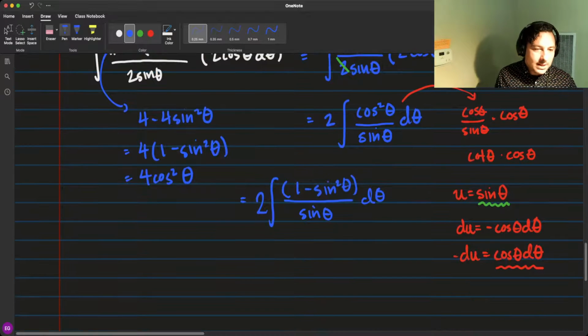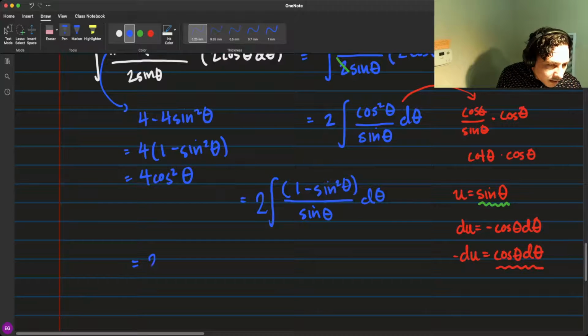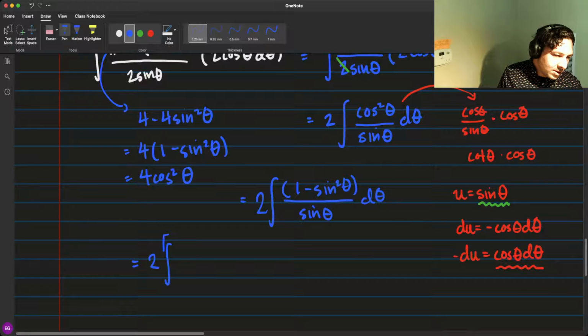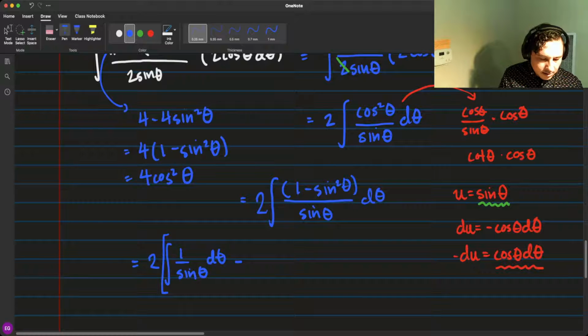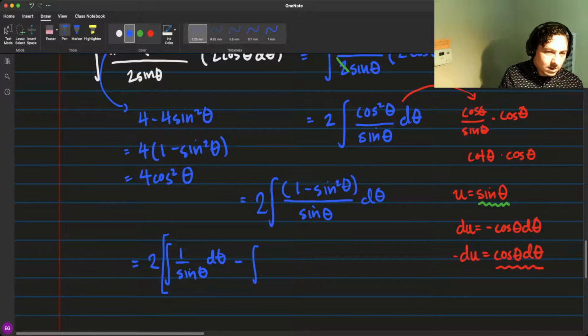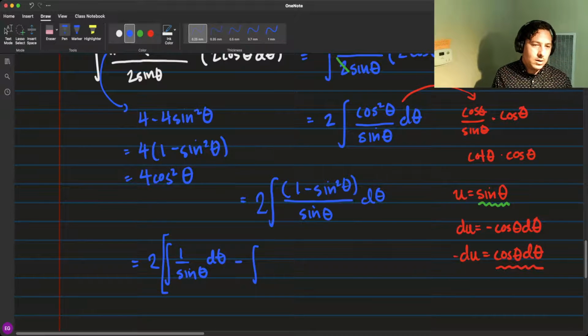Okay, now I can break this up into 2 of them. I can get the integral, so it's 2 times bracket, integral 1 over sine theta d theta minus the integral, and then you get sine squared over sine.